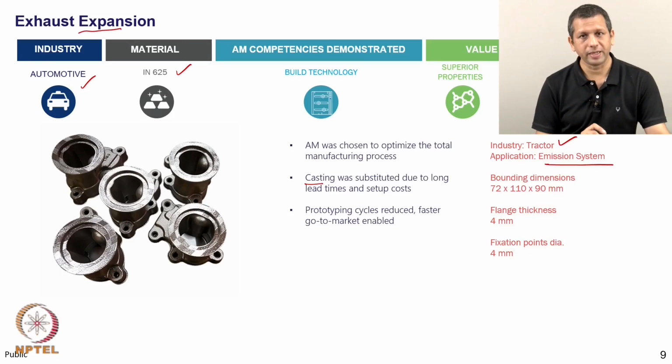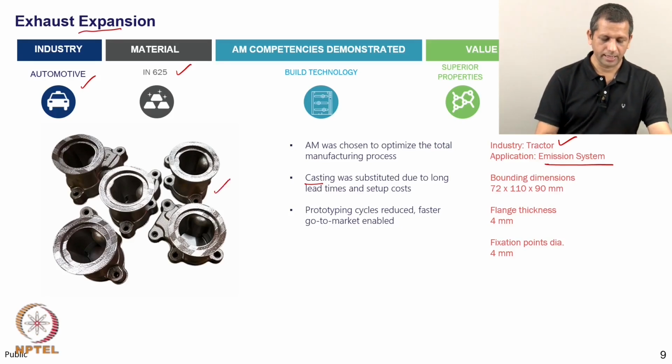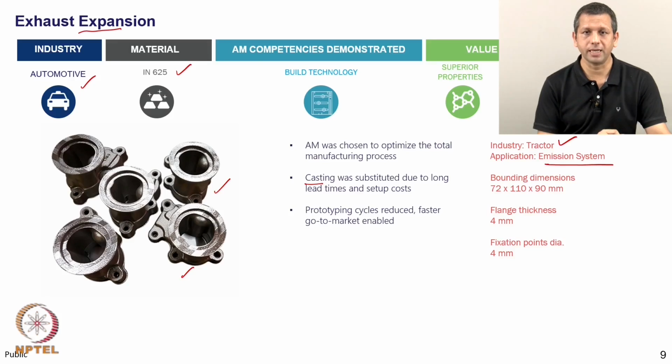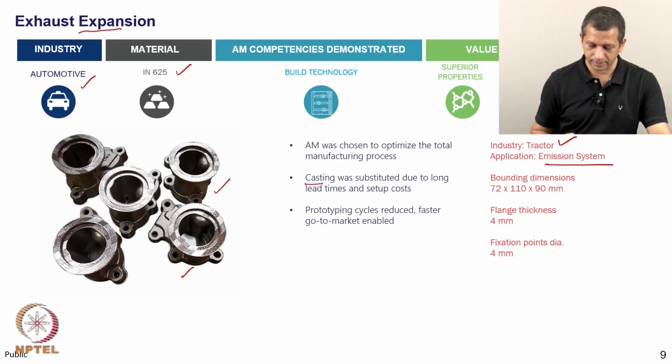The prototyping time or cycle definitely is reduced. There is no need of making tools and molds for this. As we have seen in other examples, these components can be directly printed using additive manufacturing, and as soon as it is printed, it is ready to go to application, to market.